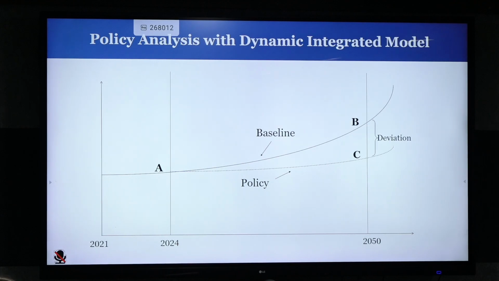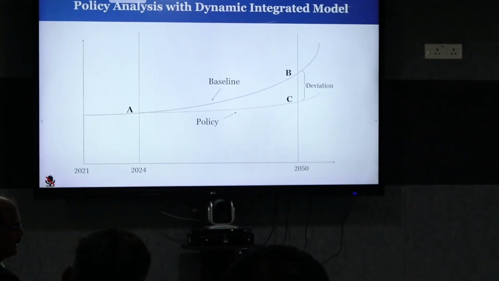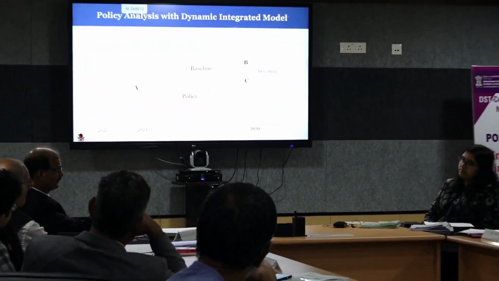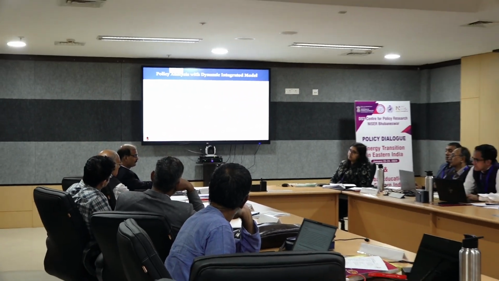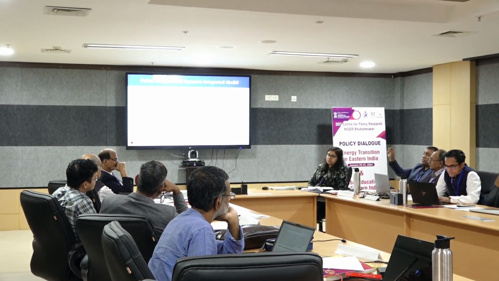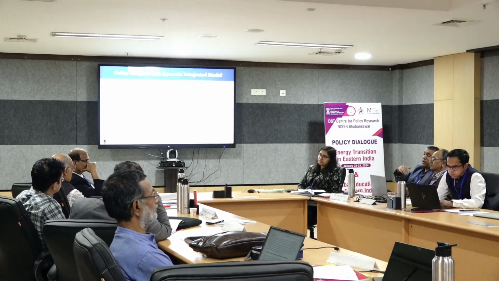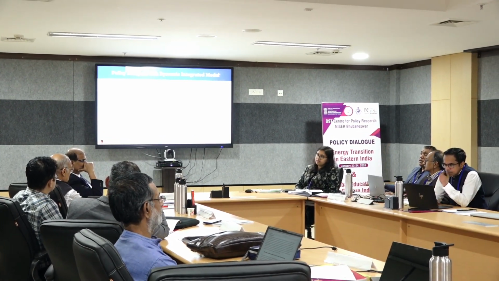Then we can ask what kind of energy we need if we grow at 7%, and what kind of investment we need. The base-level planning need not be disturbed, but you are giving the model the trajectory you want. The model will tell you that if you want to go this way, this is the effect.